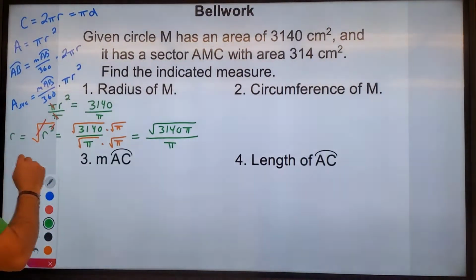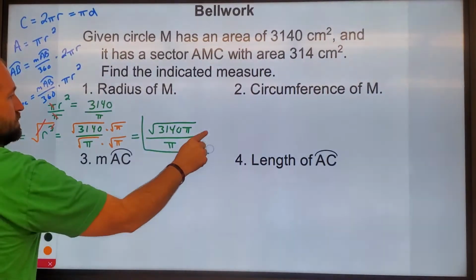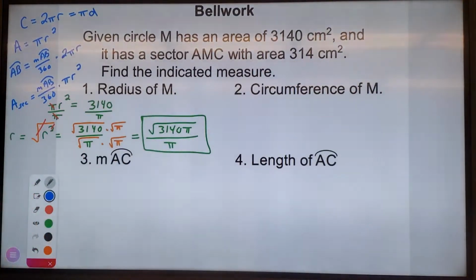So r equals this. Okay, again, as mentioned, I'm not saying these are friendly looking numbers because they're not going to necessarily be, but they are what they are.